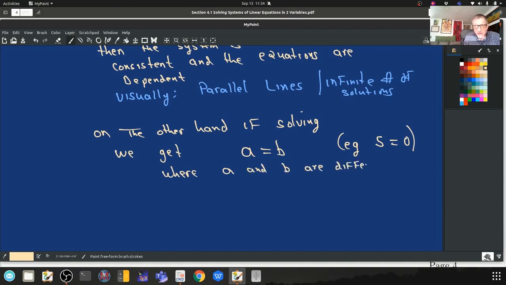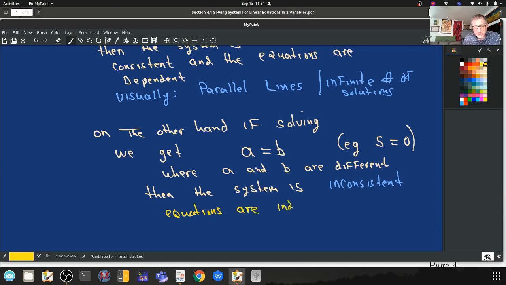Remember, all the way back when we were solving linear equations, then the system is, and here we're using the exact same word, inconsistent. The equations are independent.